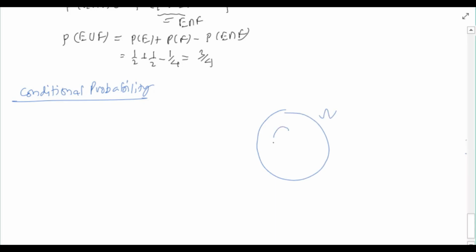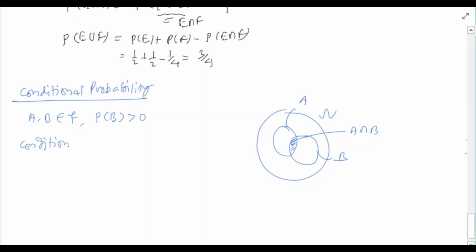There are two events A and B. So A and B are in event space, and B is such that probability of B is greater than 0. Notice that this is the event A intersection B. In this case, we are interested in conditional probability of event A given event B.